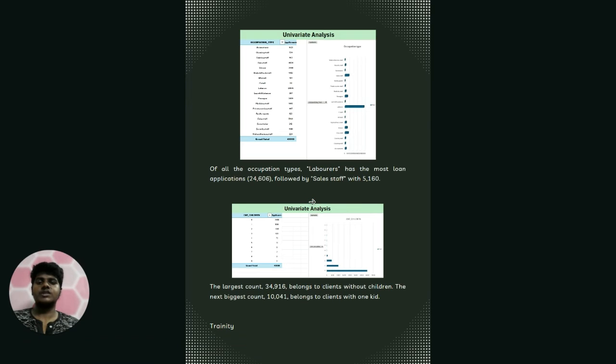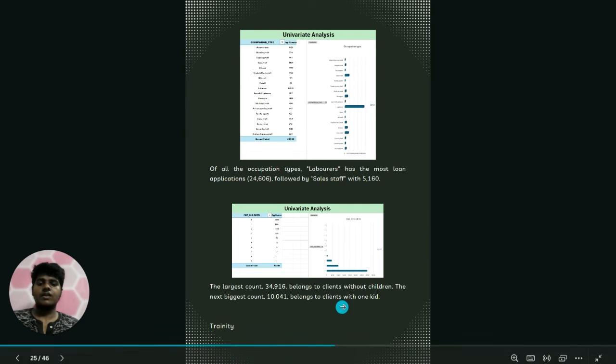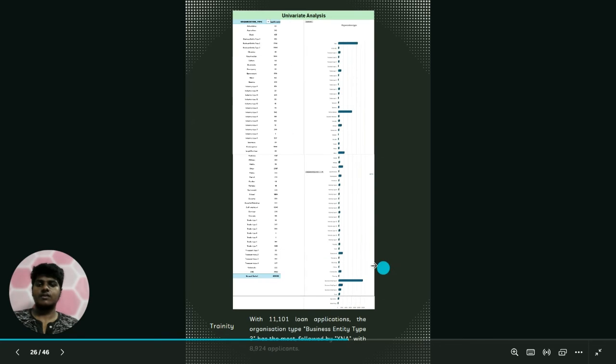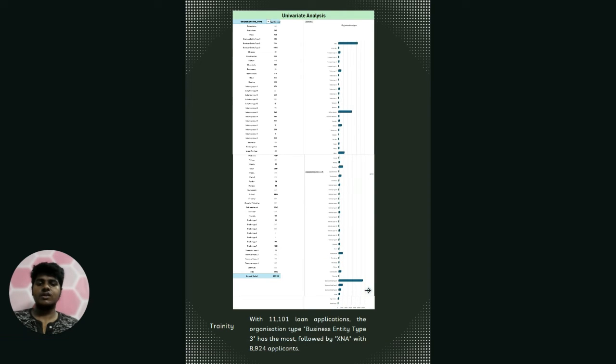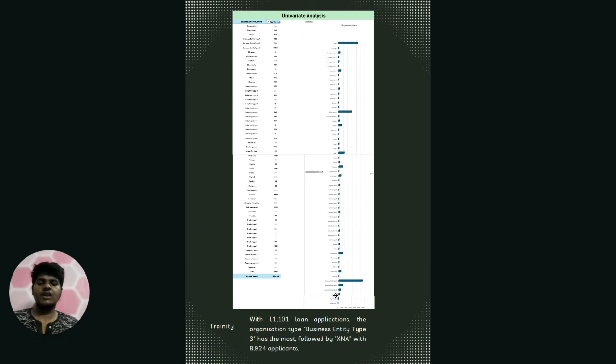When it comes to the occupation type, laborers have the highest number of applicants, followed by the sales staff. When it comes to the number of children, clients having no child have the highest number of applicants, followed by clients having only one kid. When it comes to the organization type, business entity type 3 has the highest number of applicants, followed by the XNA group.